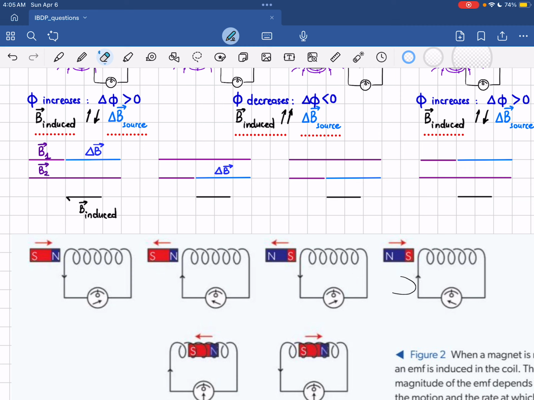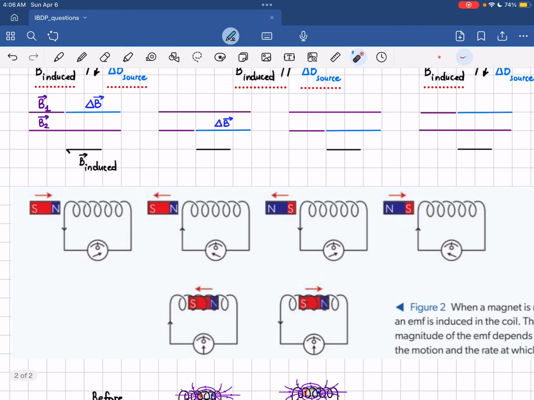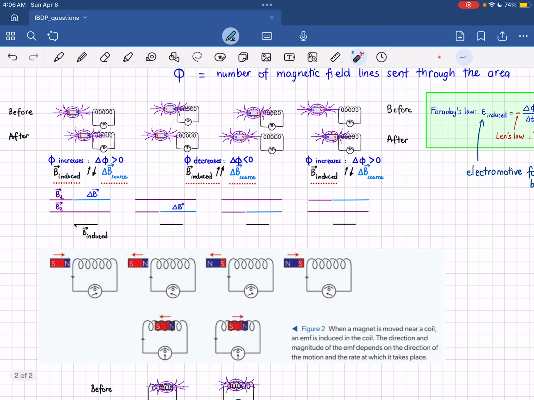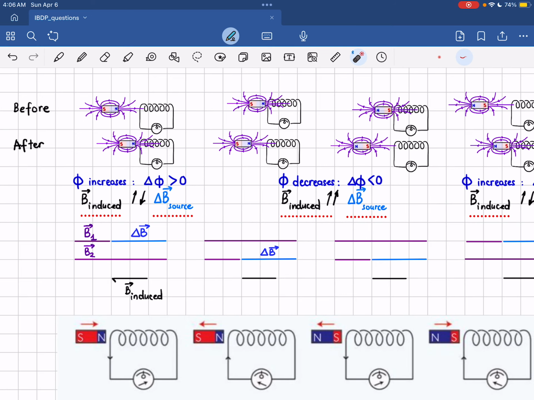Pretty interesting, right? But if the magnet just stays inside the coil here, then no current is detected, no current at all, and the same in here. Okay, so why is that?